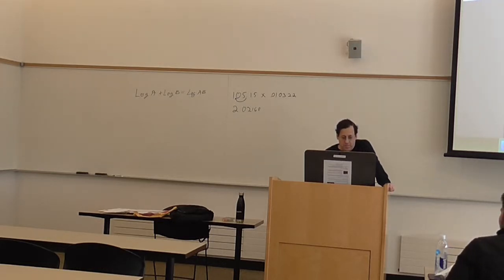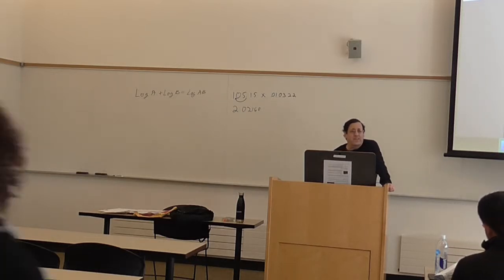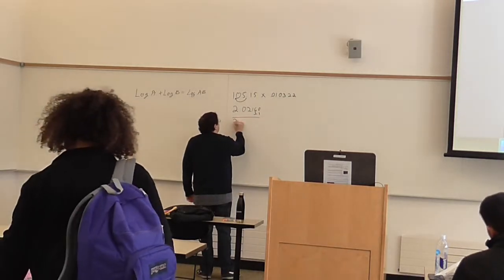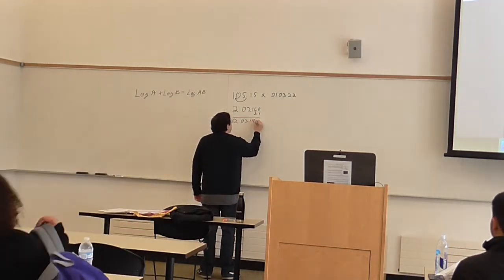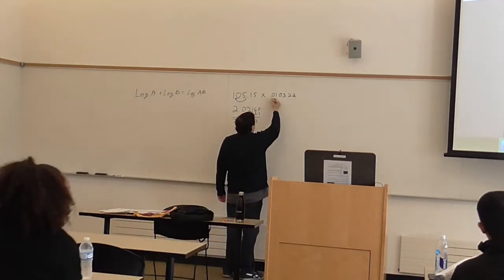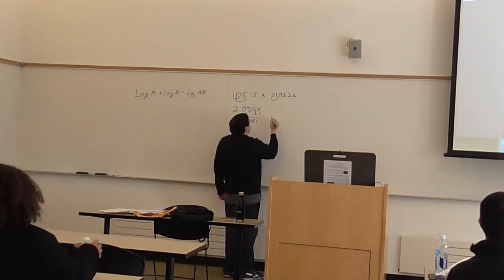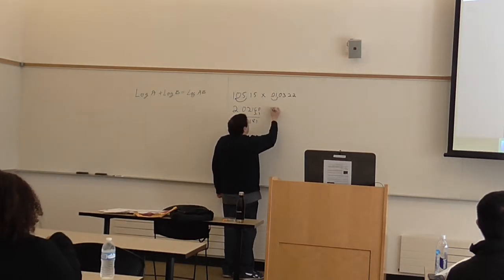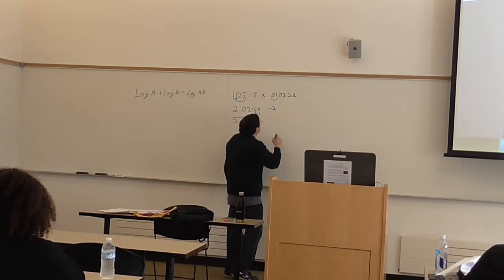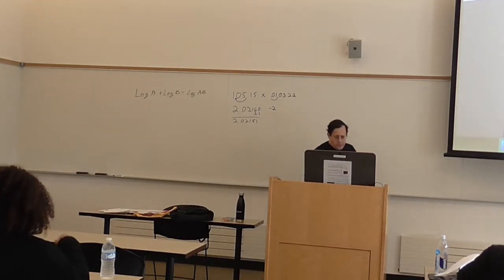I look and I see between these two, it's 42. So I want to add 21. And that's the log of this number. This number, well, we're going to keep the exponent separate. It's minus 2. And then we're going to look up 10322.